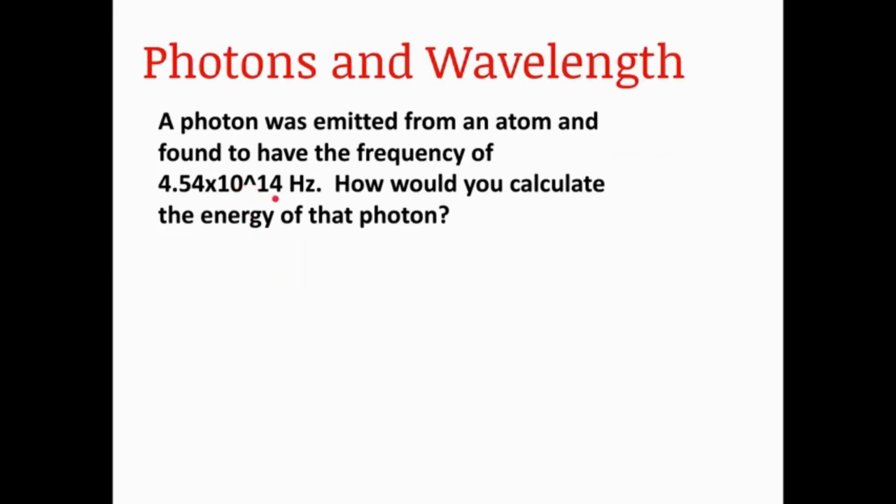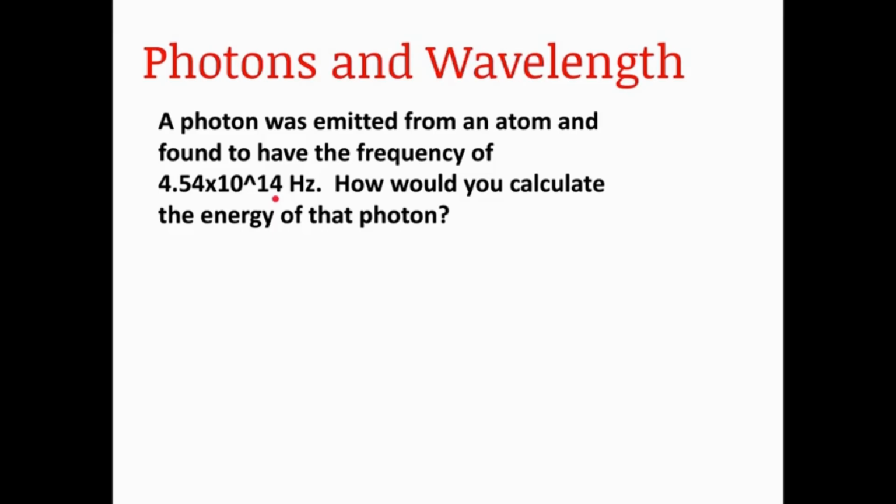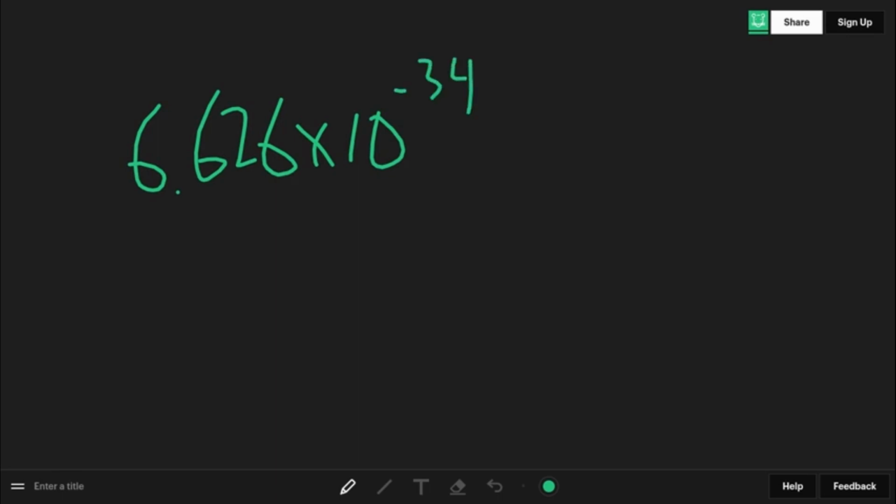So all we're going to do is take Planck's constant, which is 6.626 times 10 to the negative 34 joules times seconds.